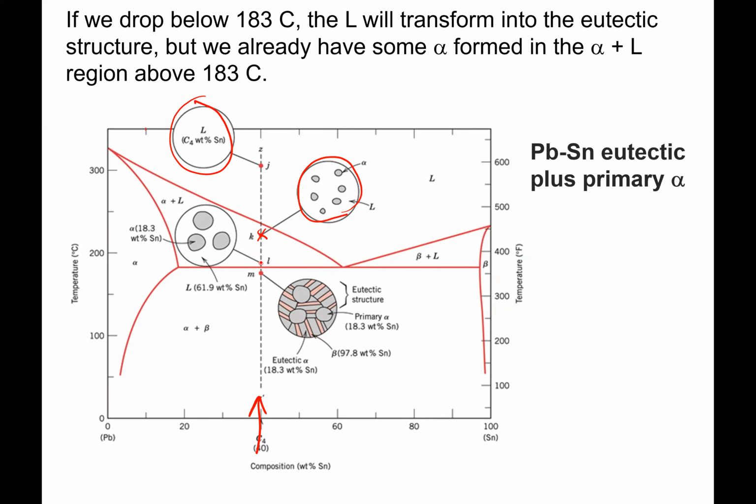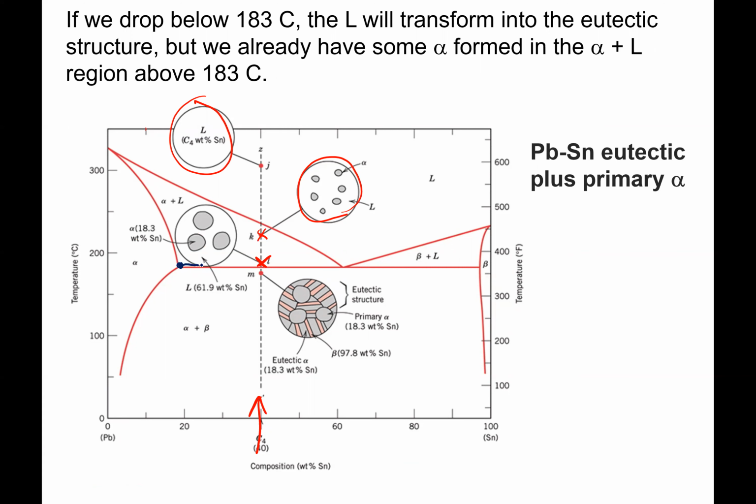And if I look right down at the very bottom of this alpha liquid region, at that point I'd have the alpha grown out to whatever my tie line said was my fractional amounts, right?